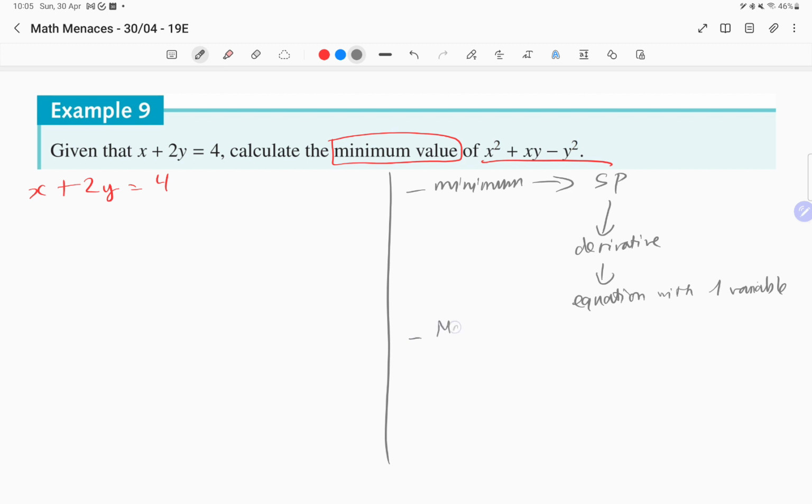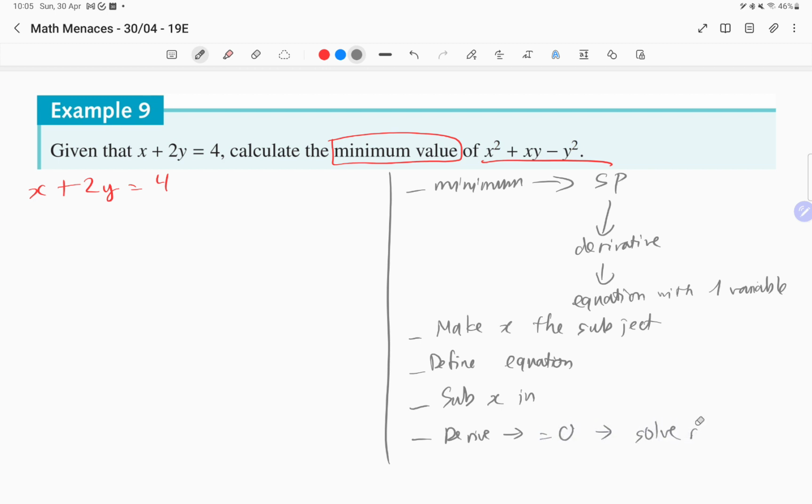At this point, I know that the steps will be: make x the subject, and then define an equation, and then sub x into it. Sub x in, and then the rest is the same. Derive, set equal to 0, solve for x, and then you find the minimum value.